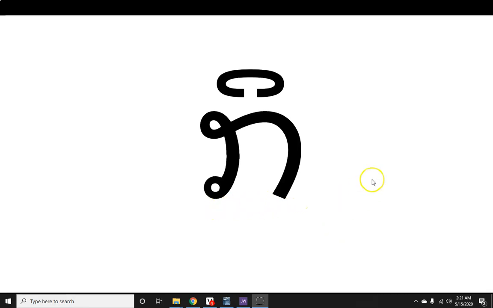Next. Ga, and remember this one? Salai. So what would this sound be? If you said gi, you are correct. Gi. Very good. Next. Here's that stem. So we have ga, and what's this sound?